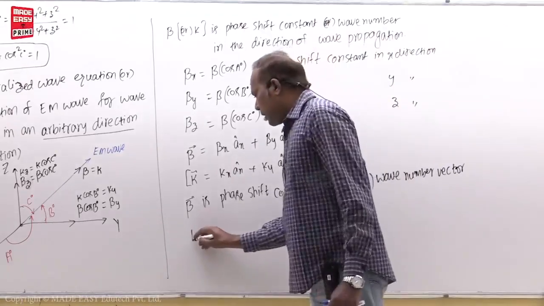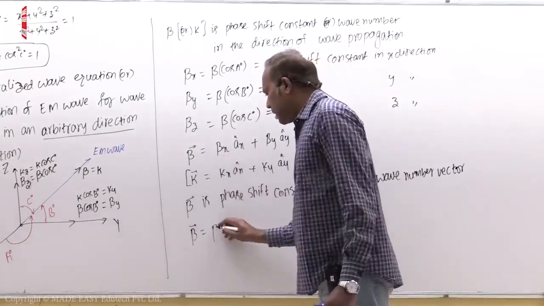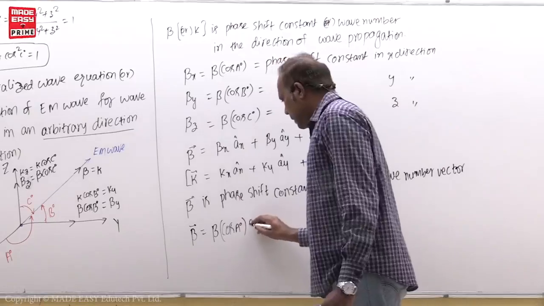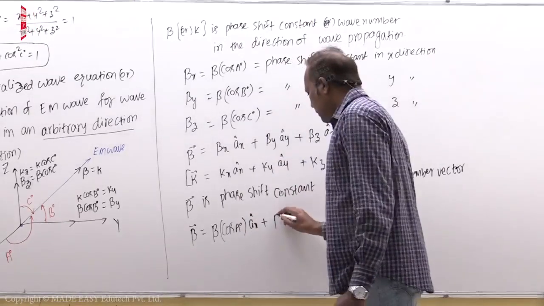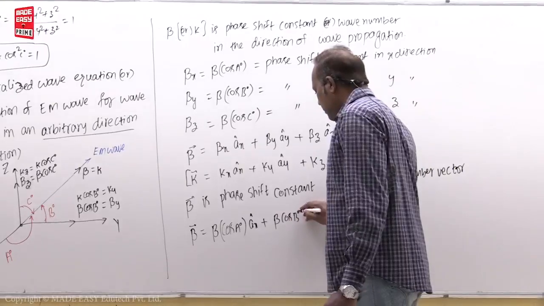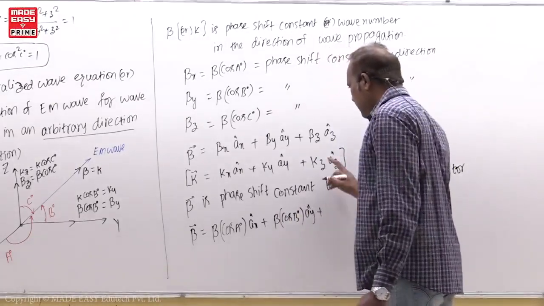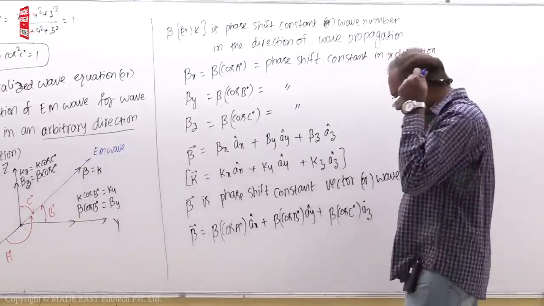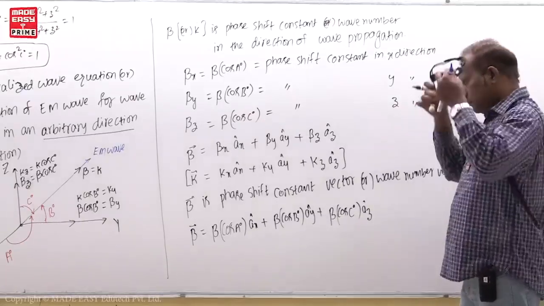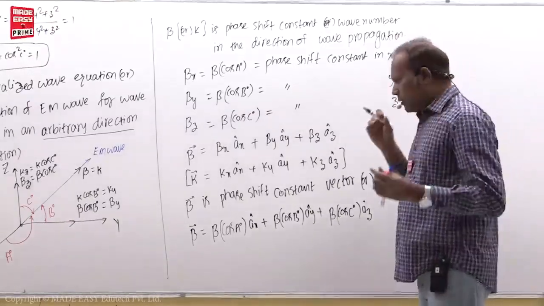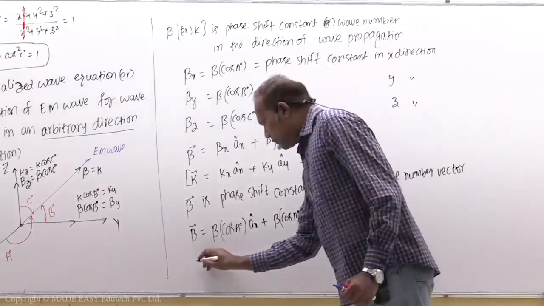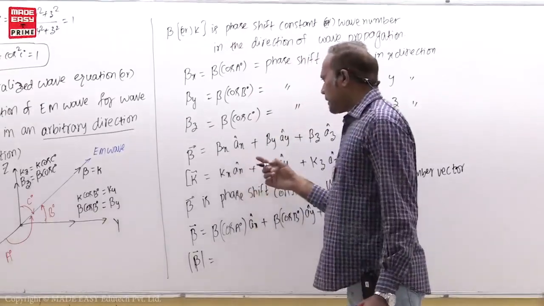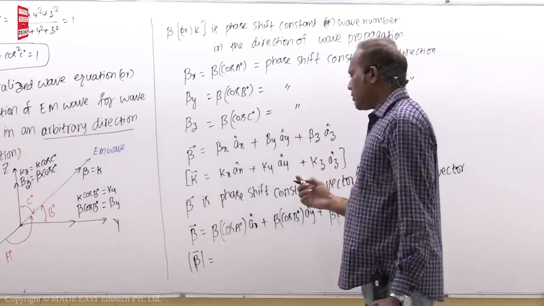So of course now beta bar becomes beta cos a degrees into ax, beta y is beta cos b degrees ay, and beta z is beta cos c degrees az. So if you take the modulus of beta bar, dear students, what do you get? Square root of beta x square plus beta y square plus beta z square.